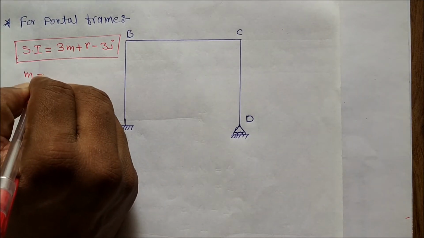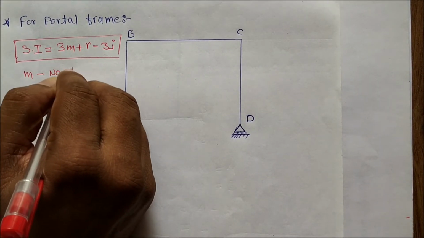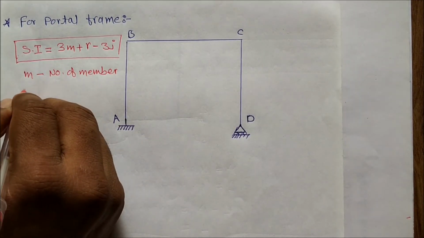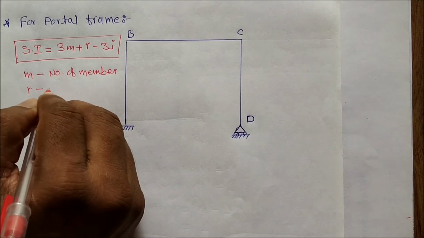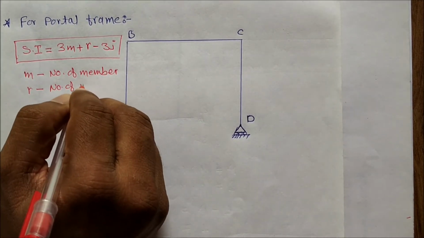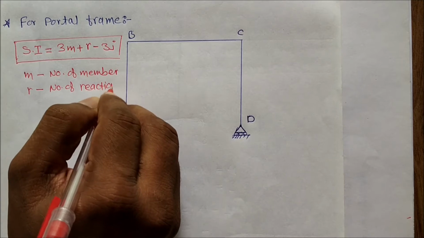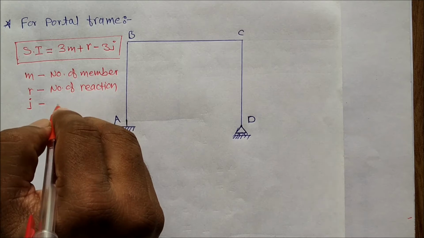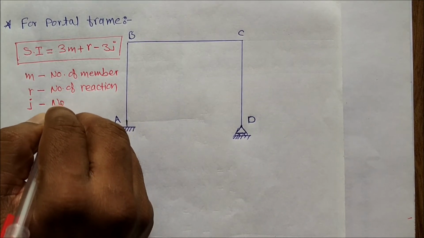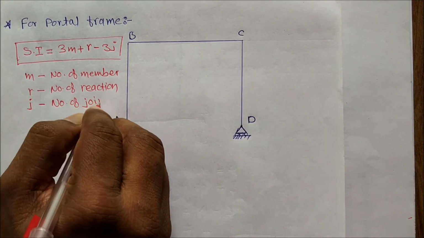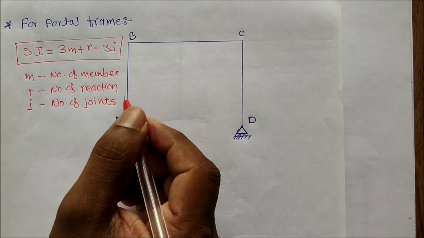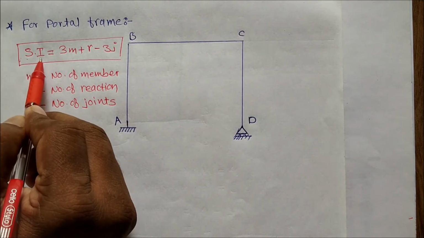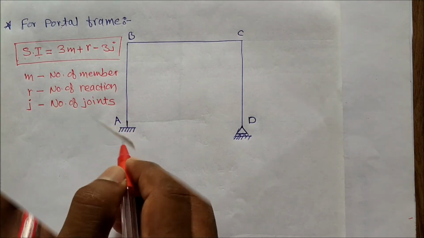M is the number of members, R is the number of reactions, and J is the number of joints. In this way we can calculate the static indeterminacy in a portal frame by using this formula.